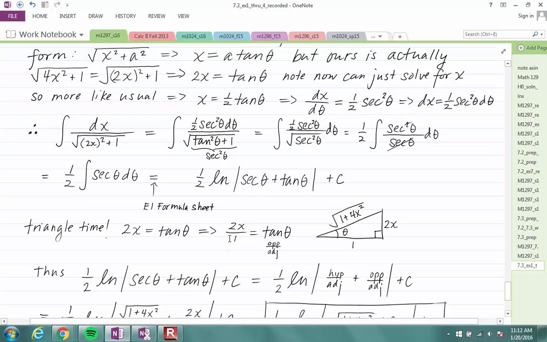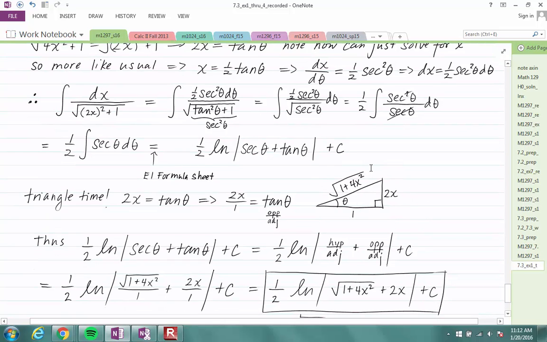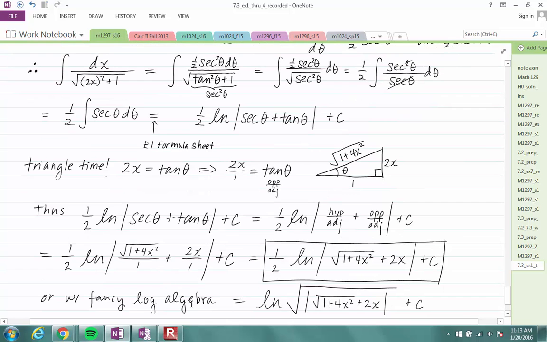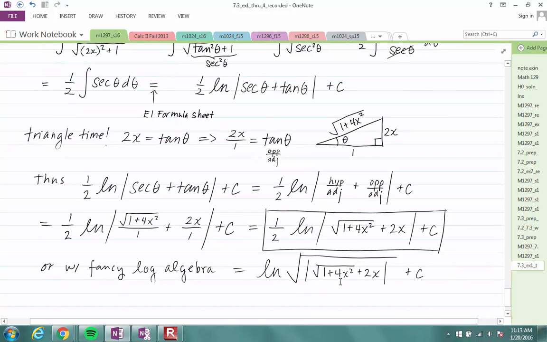Because our a was 1, we just have this made a fraction by dividing by 1, so that we can label the parts in our generic right triangle, find the missing side, and then you can plug in what secant of theta and tangent of theta are with that triangle, and then you're done. So here's the log algebra fancy version, but this is fine.